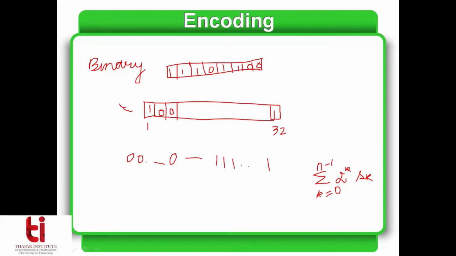So this represents my decoded value, which is encoded by this particular chromosome, where n is nothing but the length of the string. Okay, so this is my decoded value.